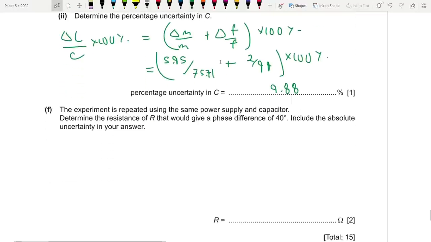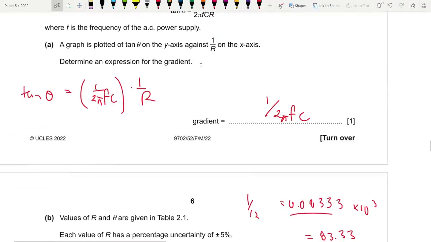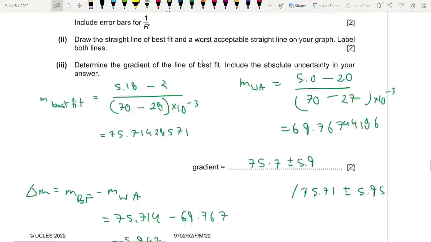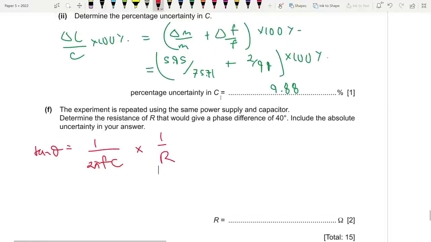That's it. Now the experiment is repeated using the same power supply and capacitor. Determine the resistance of R that would give a phase difference of 40. For this, we need to use our whole relationship, right? Which is tan theta equals 1 by 2 pi fc into 1 by R. So we need to find out the resistance.